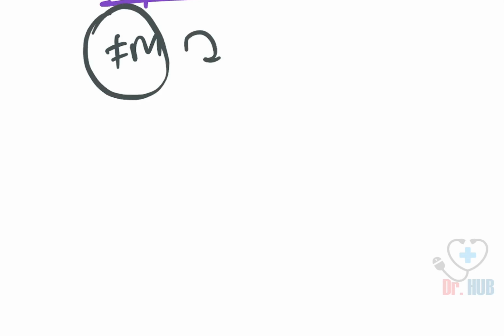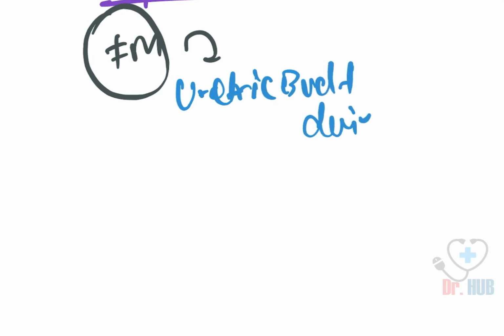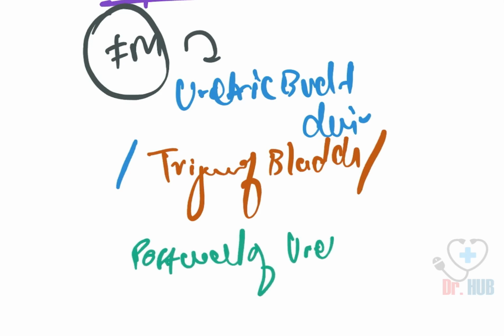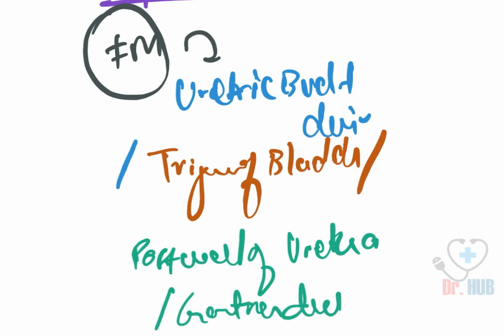So this involves the ureteric bud plus the derivatives. It also includes the trigone of the bladder. Then comes the posterior wall of the urethra and the Gartner's duct.